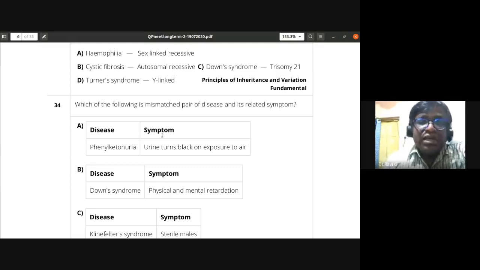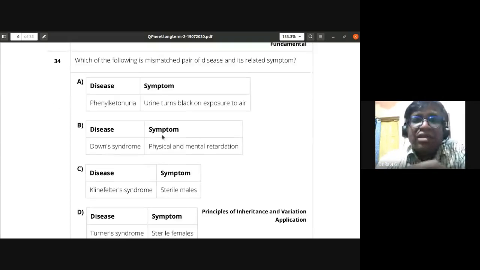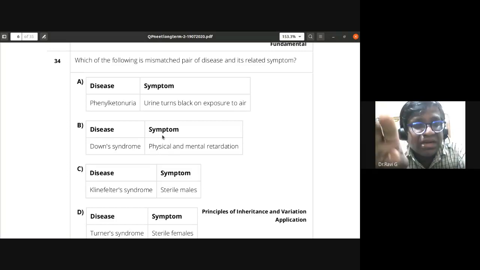Which of the following is mismatched pair of disease and its related symptom? Disease, they have given phenylketonuria, symptom urine turns black on exposure to air, it is correct. Disease Down syndrome, physical and mental retardation, it is correct. Klinefelter syndrome, symptom is sterile males.